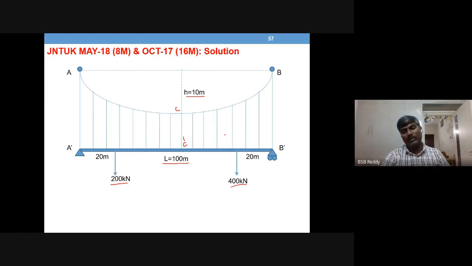I'll just go through quickly once again how we have solved this one. You don't have to solve three equations and three unknowns here. We have a simple assumption straight away, that the UDL acting on this main cable as well as this stiffening girder can be easily found as an equivalent UDL.